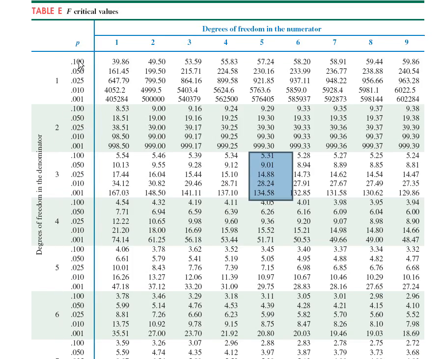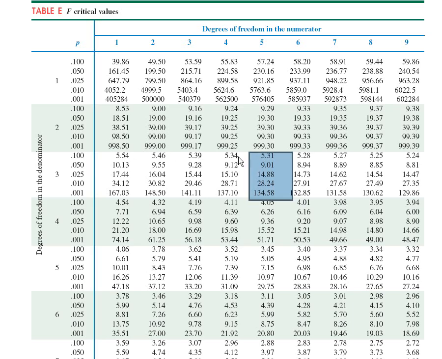And this table, for example, lists here's 3 denominator degrees of freedom and 5 numerator degrees of freedom. I've highlighted these 5 numbers here where they intersect.